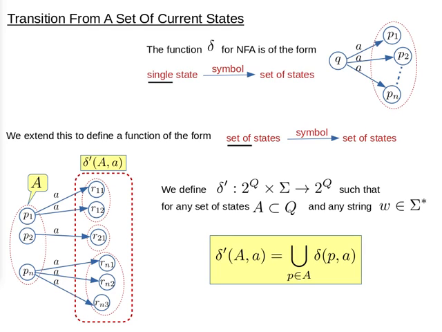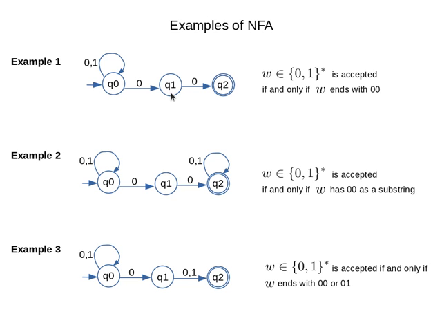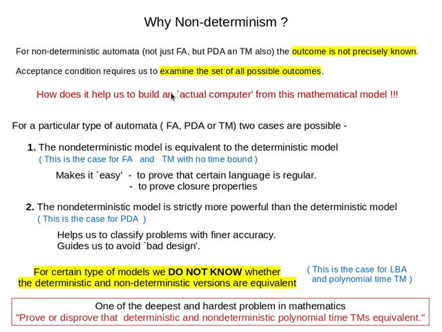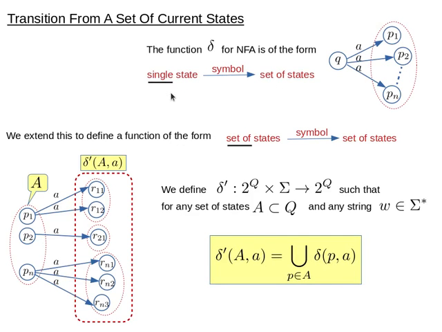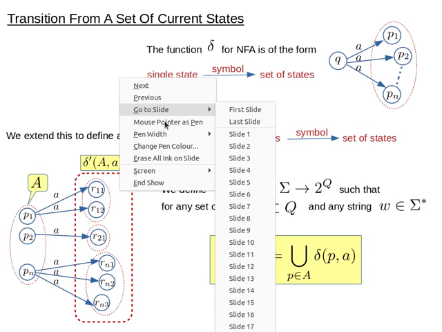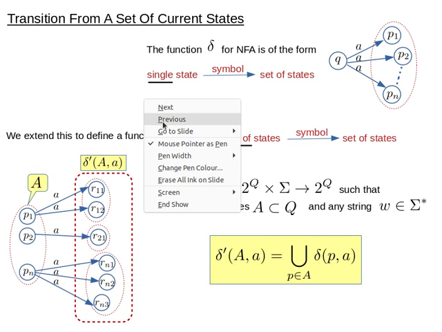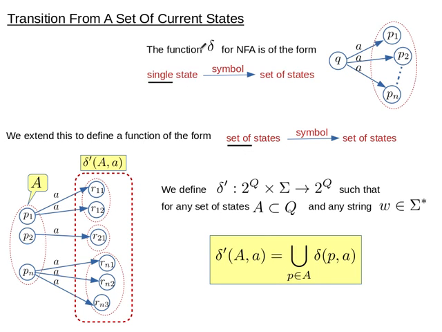Now let us generalize things a little bit. We have considered this transition function for NFA, which takes a single state, and depending on the current symbol it gives you a set of states.